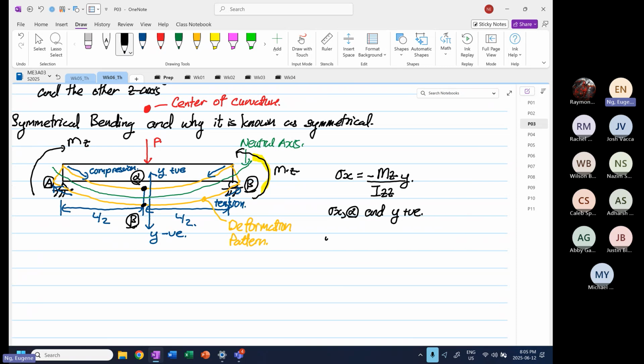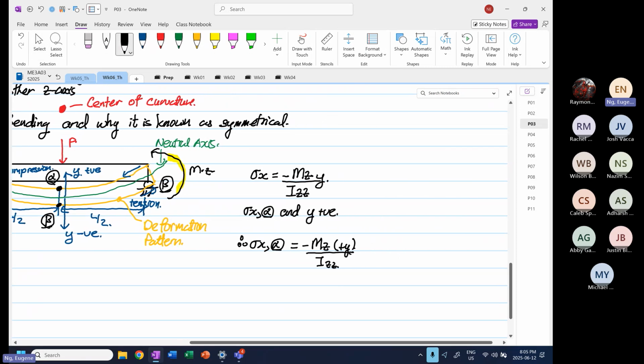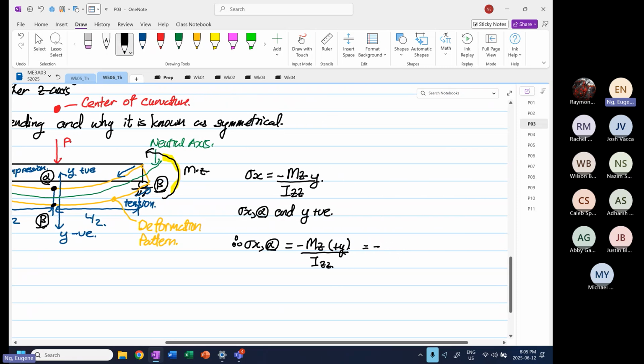So therefore, stress X at point alpha is equal to minus Mz, now the y value is positive y, and then divide by Izz. So this will be equal to minus Mz multiplied by y divided by Izz. The fact that you have minus over here means it's in compression.